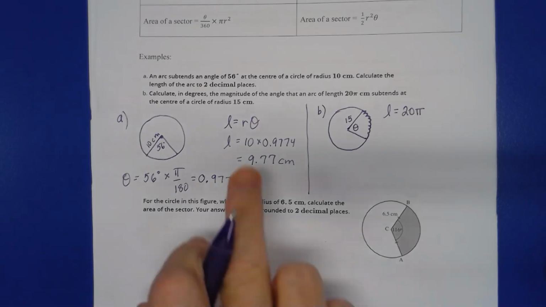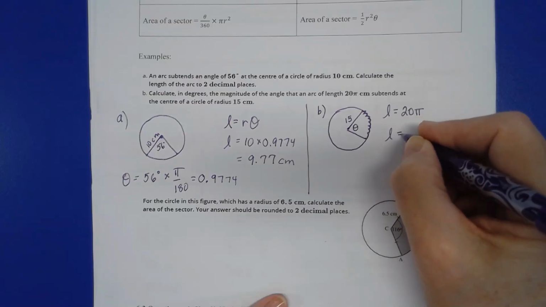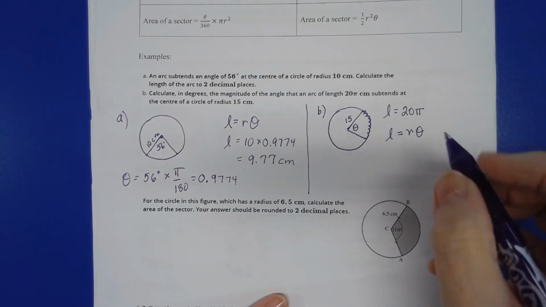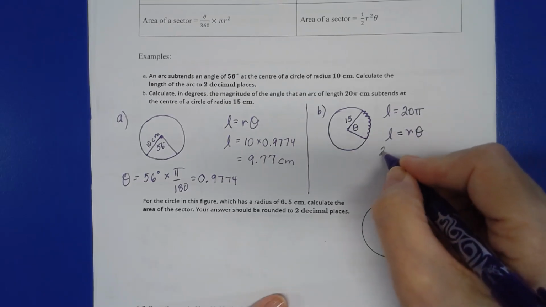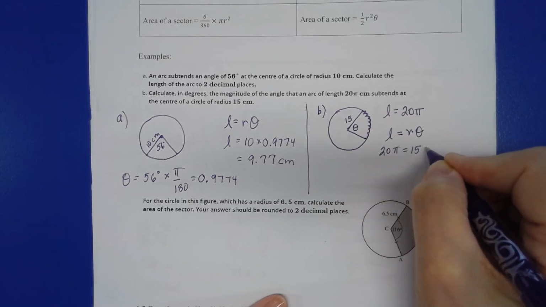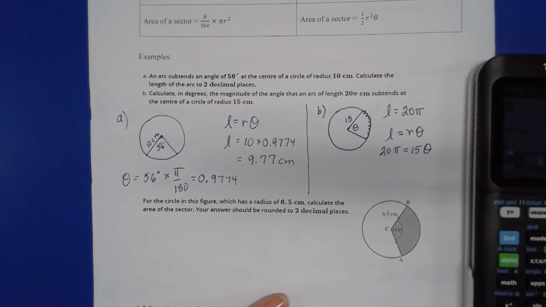So I'm going to use my formula up here. L equals r theta. I know the L, it's 20 pi. And I know the radius is 15, so I'm solving for theta.